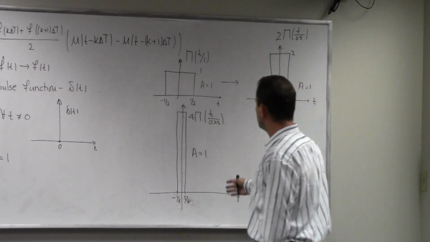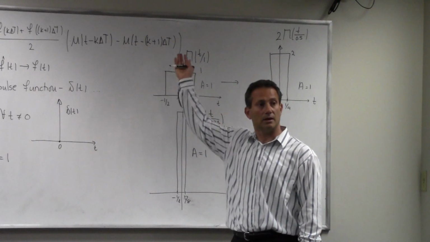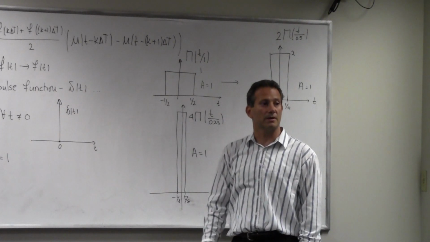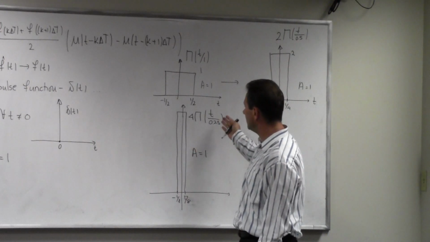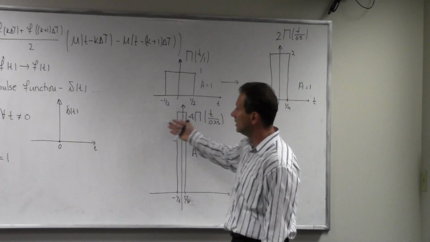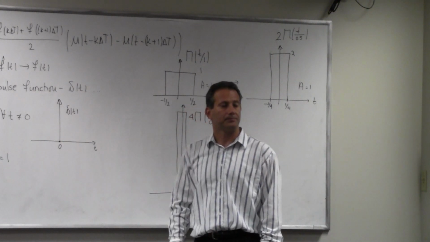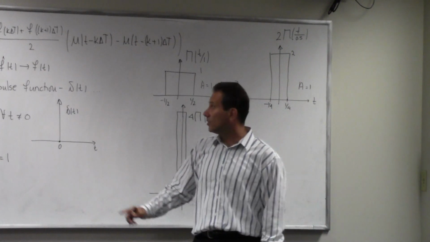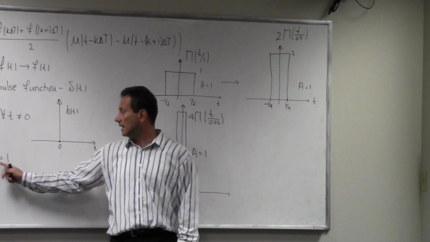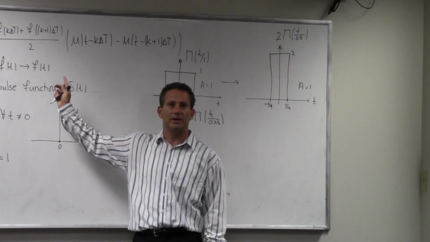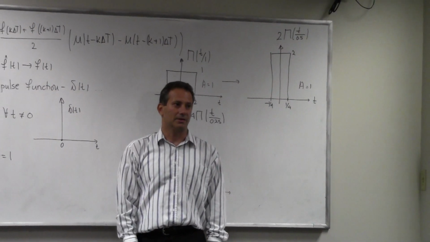Every time I cut this in half, it becomes narrower and narrower, and then I double the height, so it becomes higher and higher. In the limit, if I allow this process to continue, I'm going to approach this function delta of t. That means something is going to be constant. What is constant? The area under the curve. So I'm growing this function infinitely high, infinitely narrow, but preserving the area under the curve.